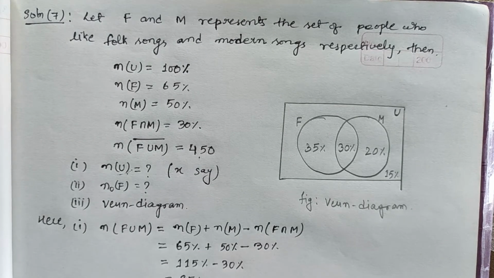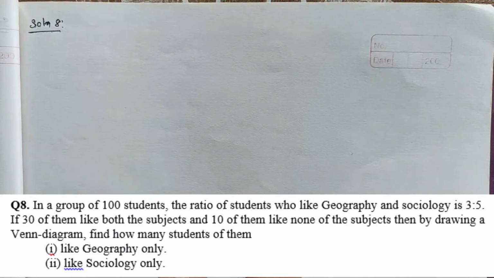Let's move on. Question number 8 is a little bit different from other questions, because here the ratio is given. If you read the question: in a group of 100 students, the ratio of geography and sociology is 3:5. 30 of them like both subjects, meaning the intersection is given, and 10 of them like none of the subjects, the complement.